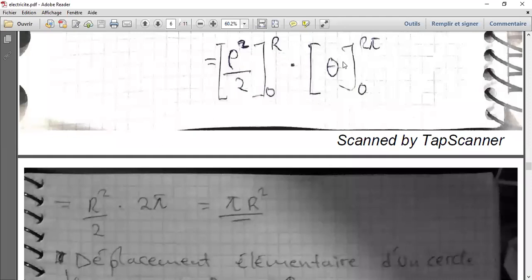Then 2 pi theta minus 0 is just 2 pi theta. So it gives us 2 pi theta and r squared over 2. Then you simplify and have theta r squared. I don't know if it's clear.